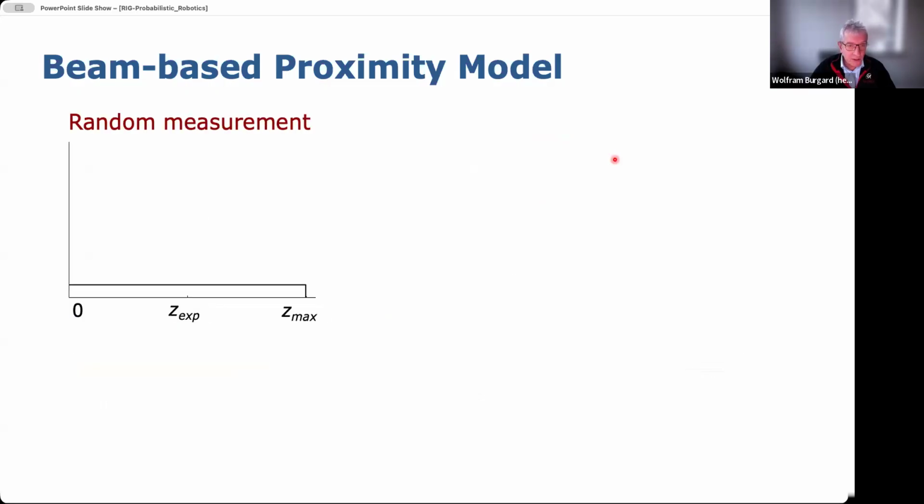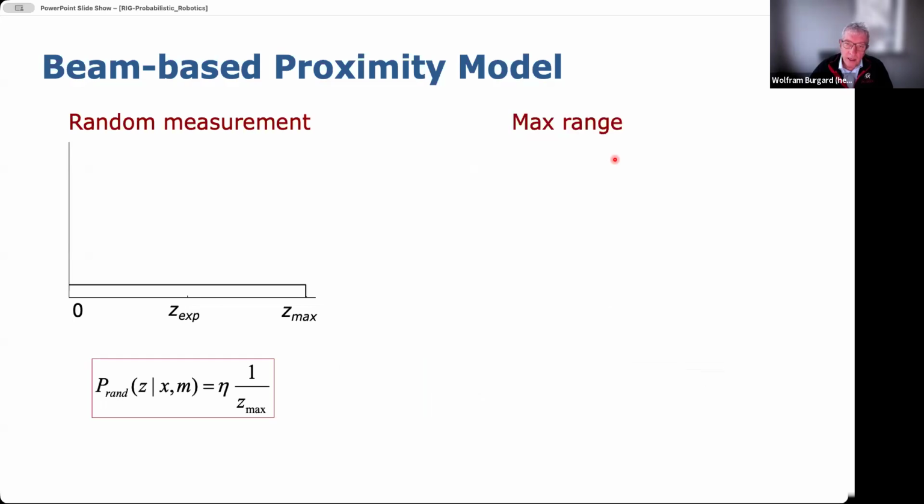Then we have random measurements, crosstalk, etc., that might lead to errors. And in this case, we just represent it by a constant. And then finally, we also represent the maximum range by just a constant at the max range value.